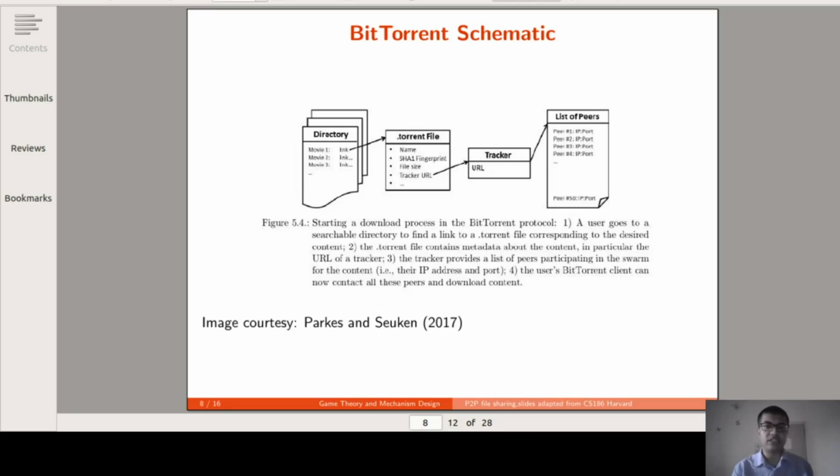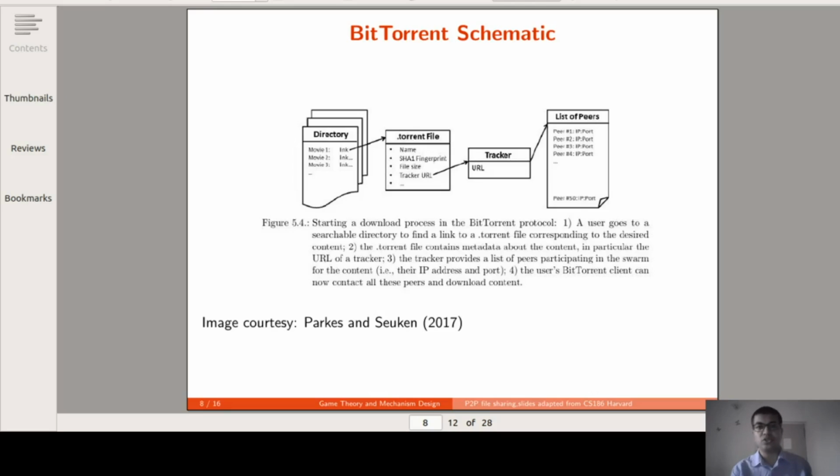This image is taken from Parkes and Seuken, the two instructors at Harvard from whom these slides are adapted. In the BitTorrent world, there are some web-based directories where links for certain peer-to-peer files are given, and the information about these files is put in a special kind of file called the torrent file. It essentially contains all the metadata of that file. In particular, one of this information is the tracker URL.